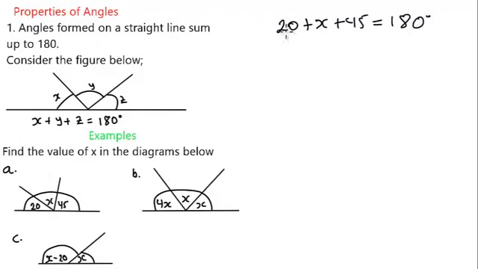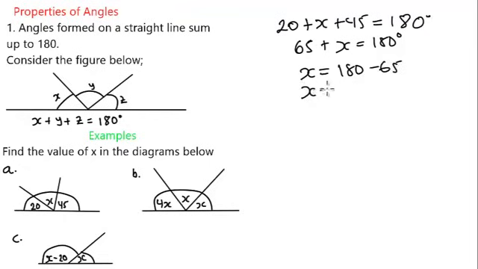Now over here, 20 plus 45 will give us 65, plus x is equal to 180 degrees. And so when we make x the subject, we are going to have x equal to 180 minus 65. And x will be equal to 115 degrees.